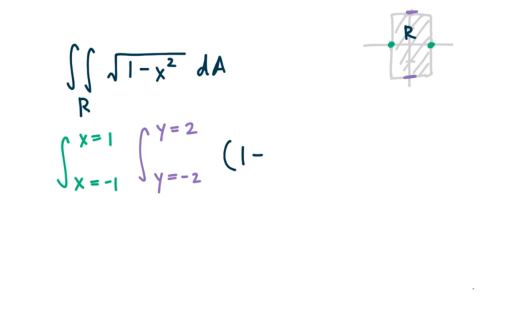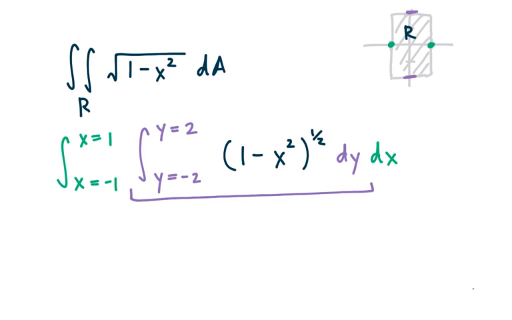And we would need to integrate 1 minus x squared, that would be to the 1/2 power, and then I would write my order of integration by saying dy and then dx. So this gives us a problem here on the inside that we need to calculate. Once we calculate the inner integral, then we would just basically be repeating this process a second time.